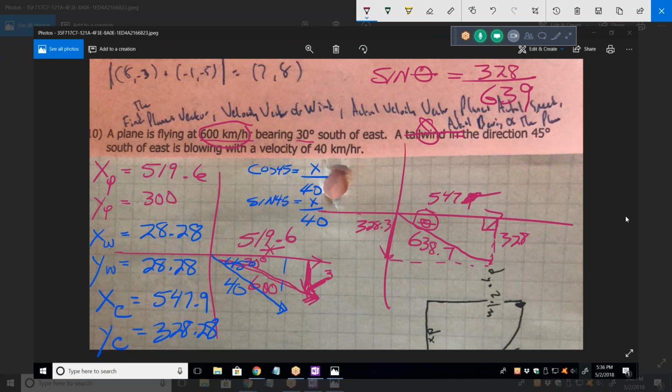You take inverse trig functions of ratios to get angles. So we're trying to figure out what this angle is. So I'm going to take the inverse sine of that ratio, 328 over 639. Make sure your calculator is set on degrees and figure out what that is.